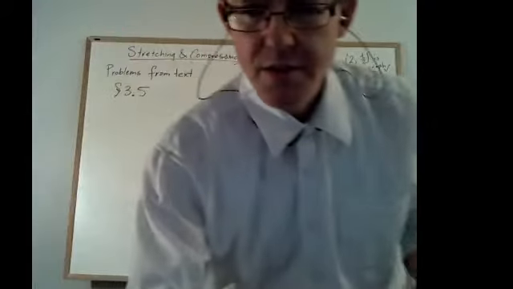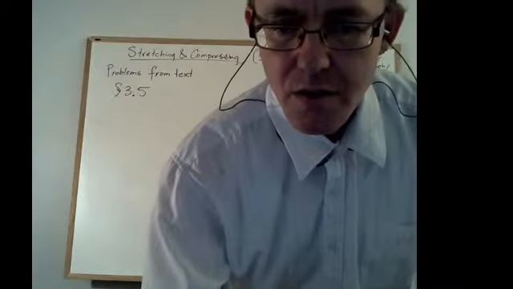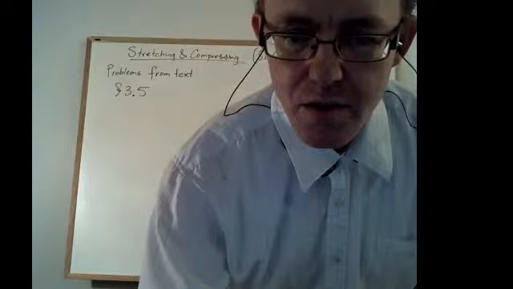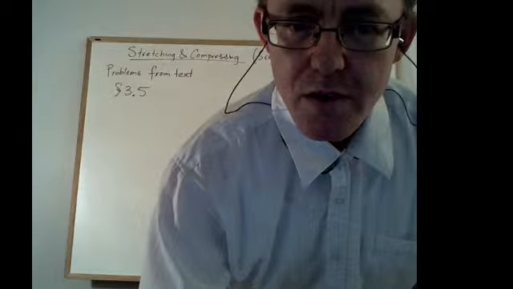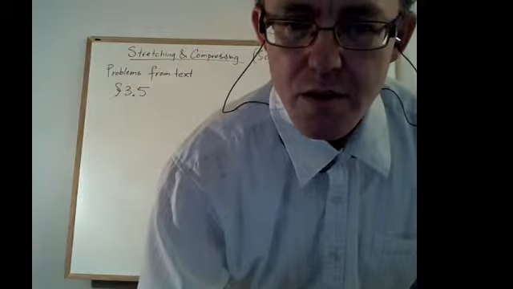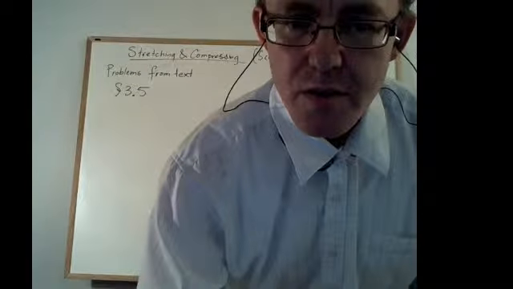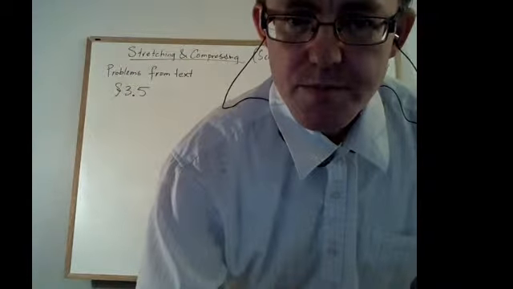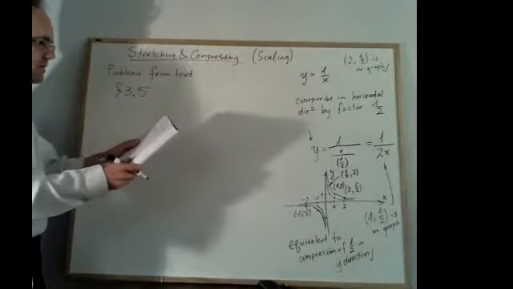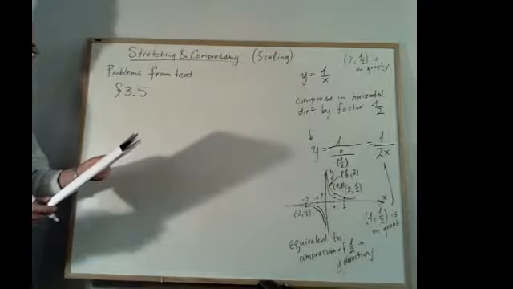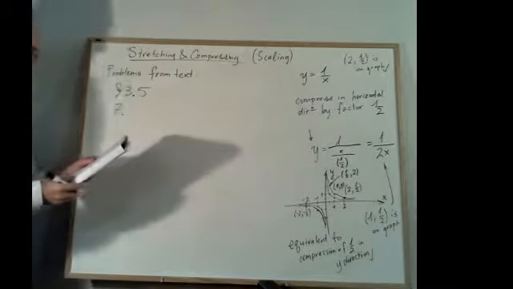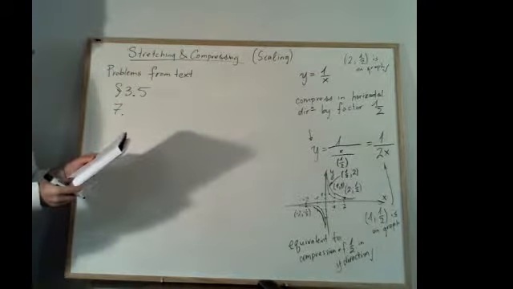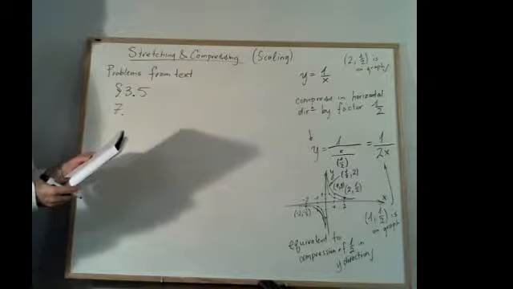Let me just check that. So these are the exercises at the end of section 3.5. Number 7. The question here is, write a formula for the function obtained when the graph is shifted as described.